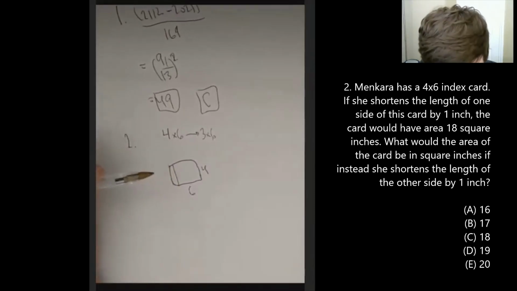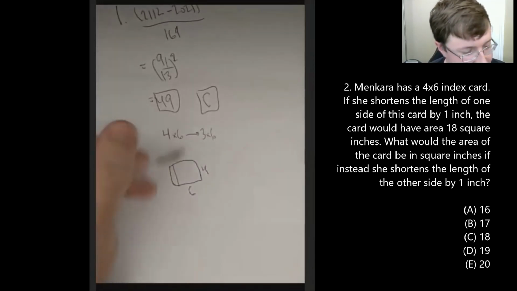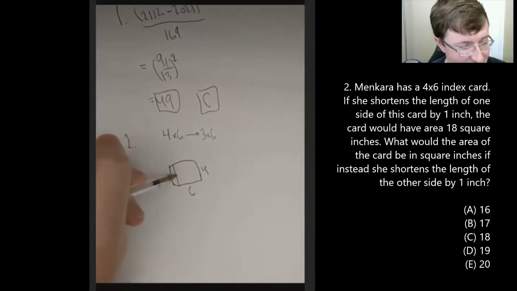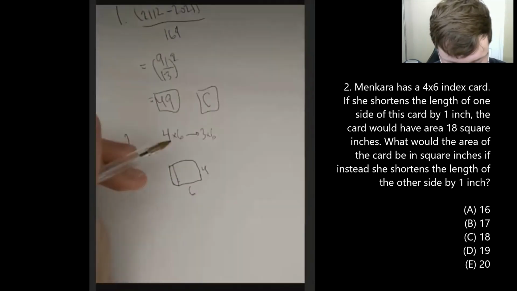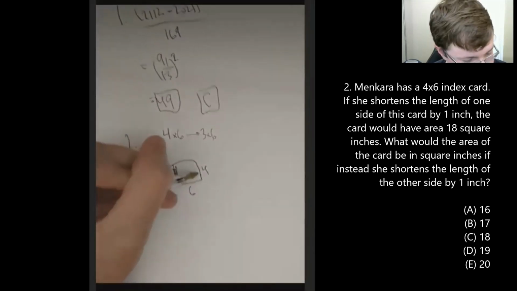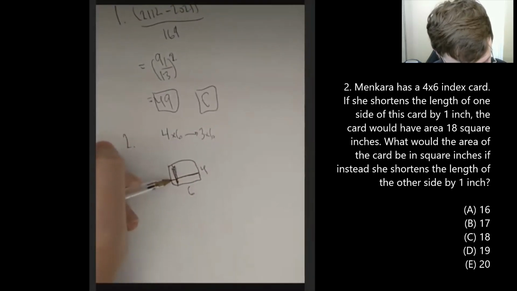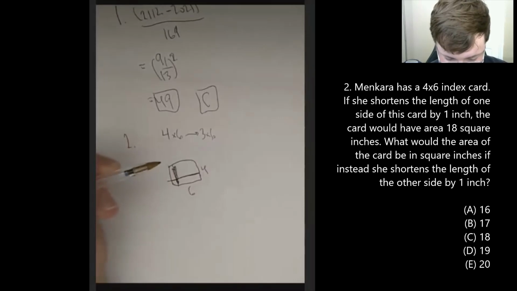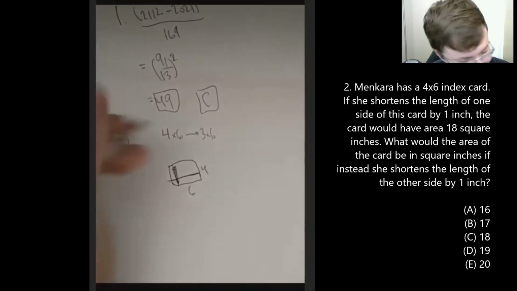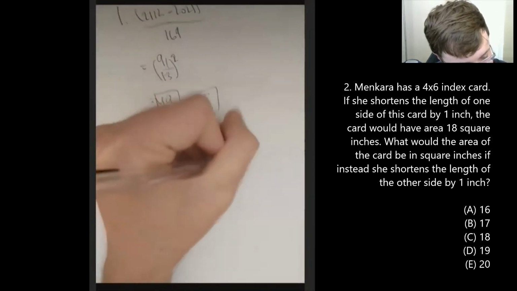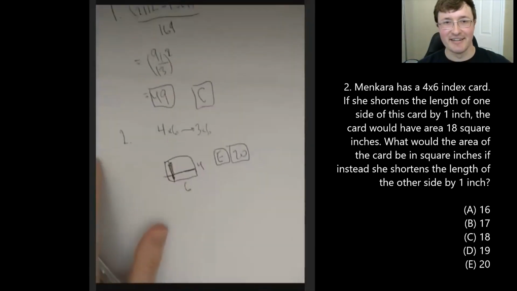What am I missing? Oh, if she shortened just the, okay. Okay, so it's 24, so that's if she cuts off horizontally like that. So it becomes a 3x6, so a 4x5 is 20. Okay, wow. There we go.